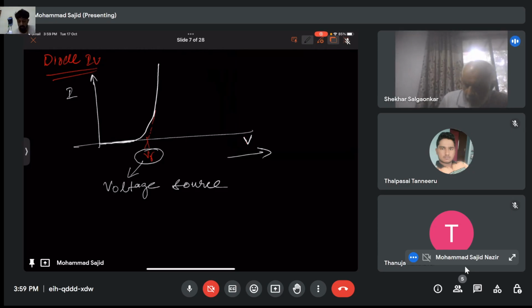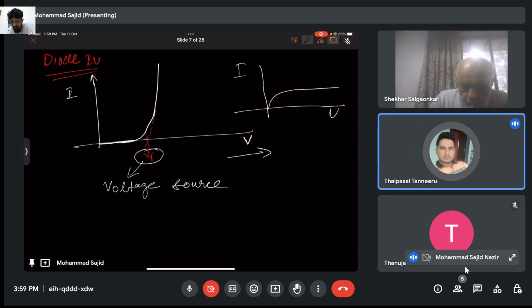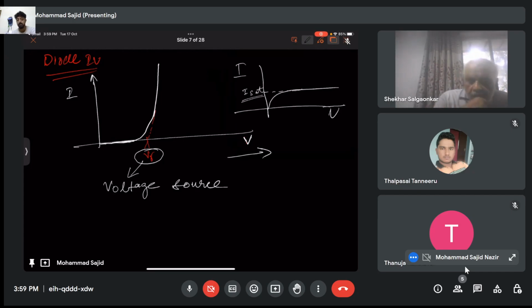Now, if I had some device which has IV characteristics like this, what will be your definition for this device? You go on increasing voltage, the current is constant, sir. The current is constant. This is a saturation current. This is a current source, right?